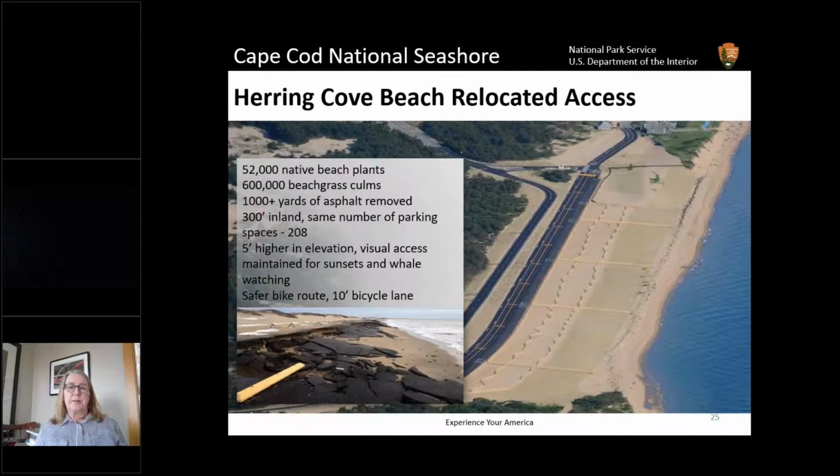Another example of retreat and rebuild is the large-scale effort at Herring Cove Beach North. You saw the whole beach complex on Rich's slides, but this is the north section where costly realignment and resource protection measures were needed to adaptively manage park facilities. You can see some of the extensive quantities of work that had to be done.